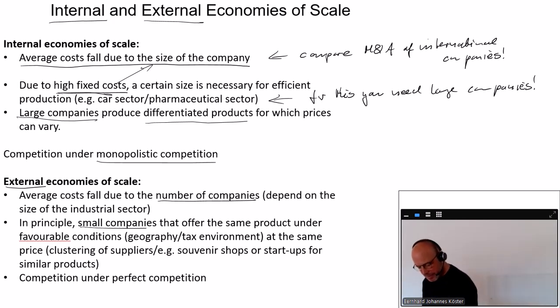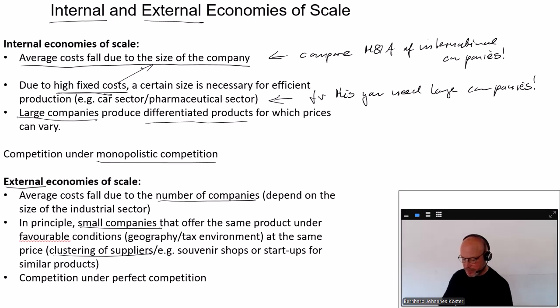So here in principle we have the other way around: many but small companies. This means we have a clustering of suppliers, souvenirs, startups, as I mentioned.